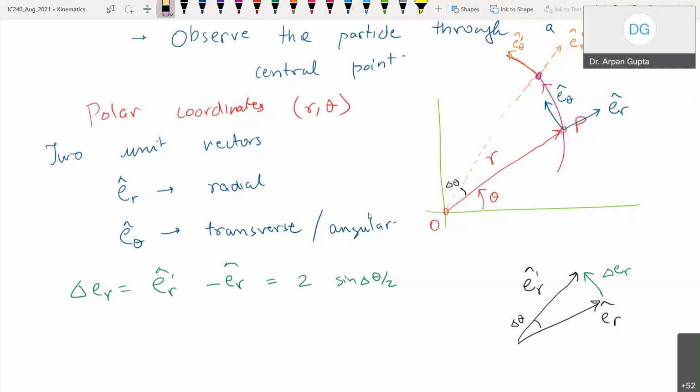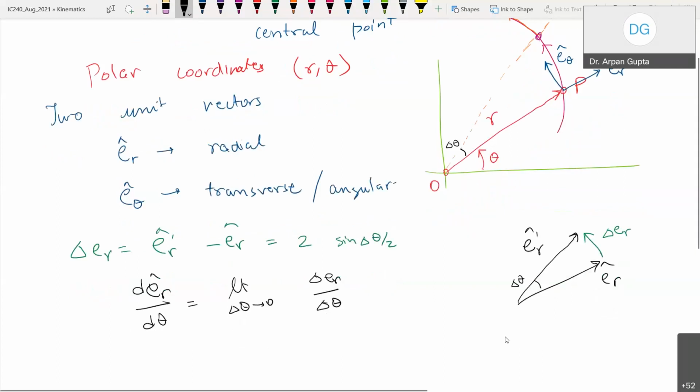And therefore when we consider d er cap by d theta, which is the limiting case that delta theta approaches 0, delta er by delta theta, this turns out to be your e theta cap.